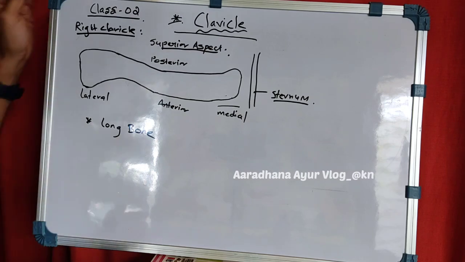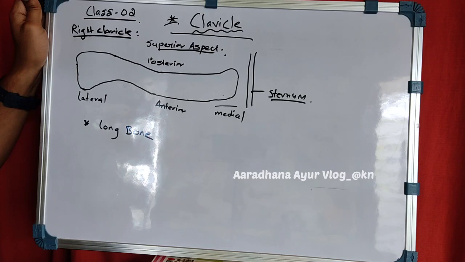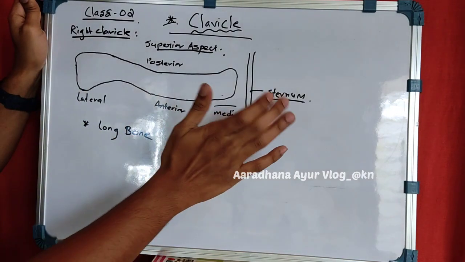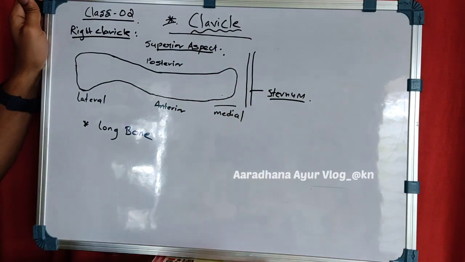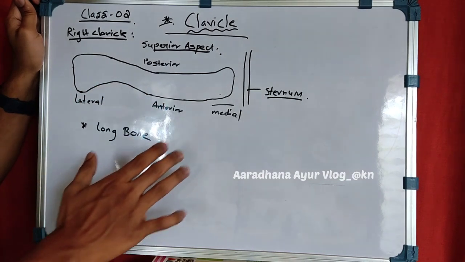This bone supports our shoulder, so it is located in the shoulder area only. As I had told in the parts of the upper limb, the clavicle and scapula are the bones in the shoulder region.